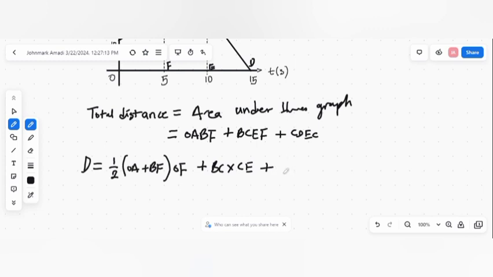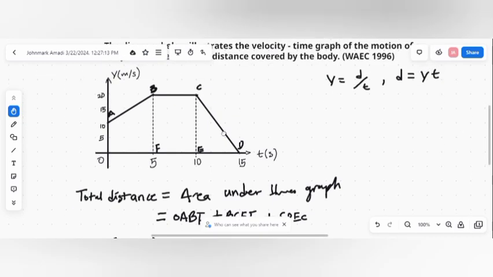Plus the area of a triangle, which is a half of the base times the height. Which of these is the base? The base could be either CE or ED.